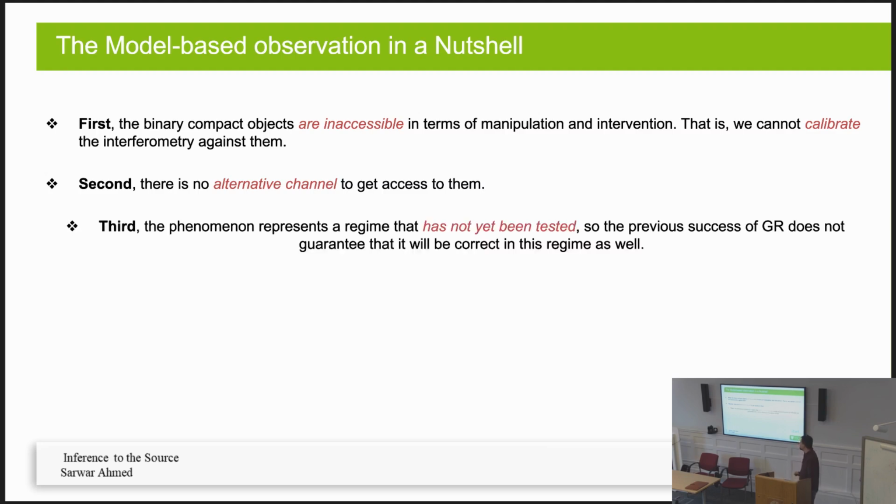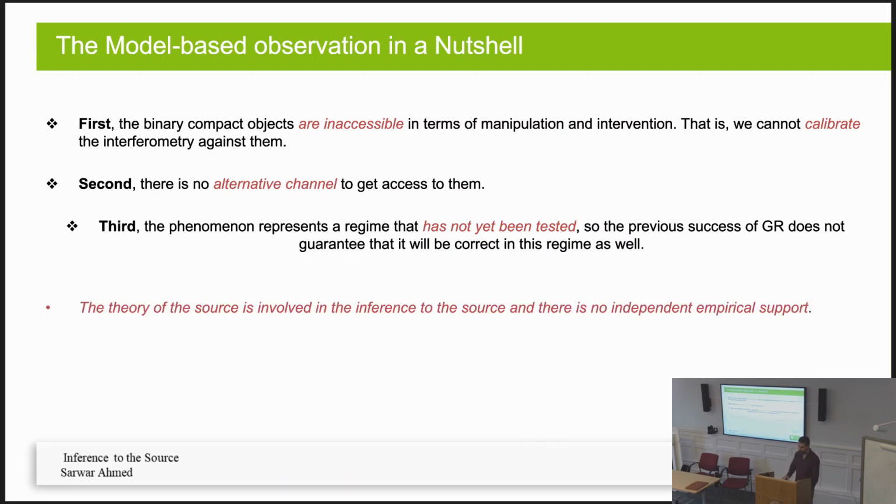And thirdly, the phenomenon represents a regime that has not yet been tested, so the previous success of GR doesn't guarantee that it will be correct in this regime as well. In our terminology, the theory of the source is involved in the observational process, and there is no independent empirical support.